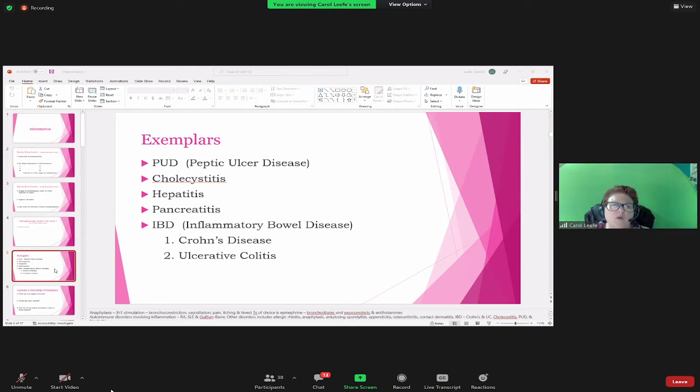The absorption of the nutrients, the breakdown of the lipids, carbohydrates, proteins, all those kinds of things, the vitamins and minerals that help us with wound healing and keep us healthy. So malnutrition is a big thing with Crohn's, fluid and electrolyte problems as well.